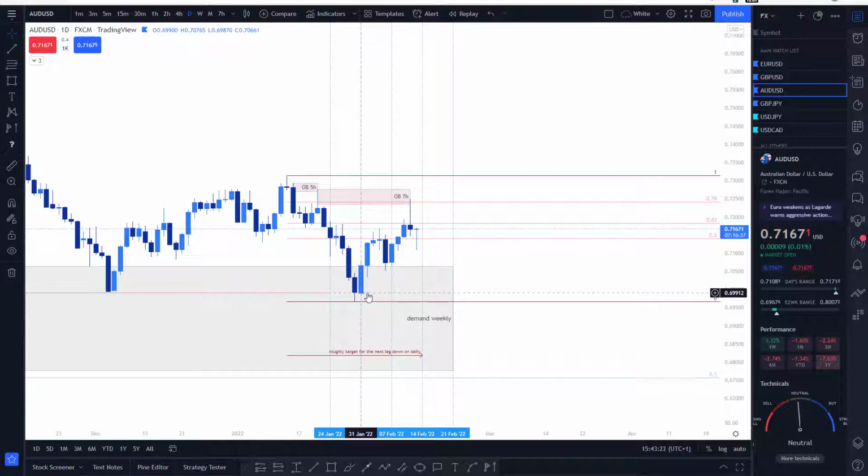It closed with the open of last week, started below this liquidity line, and now it turned bullish.